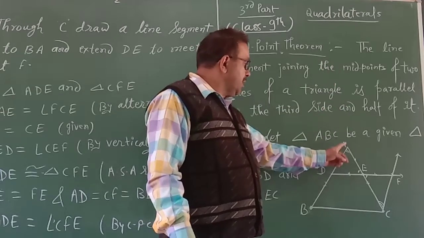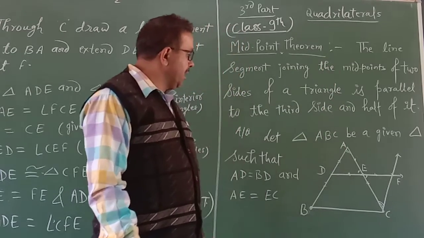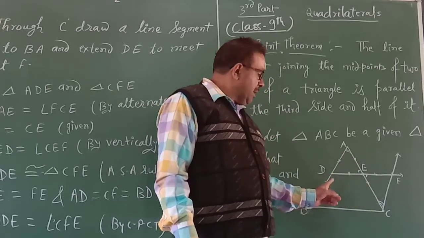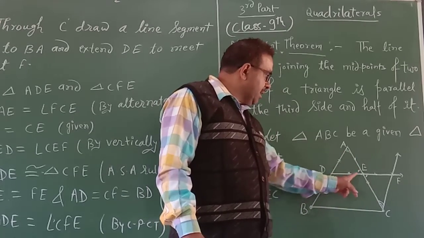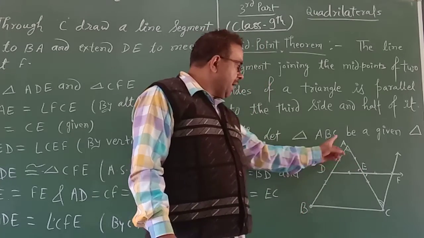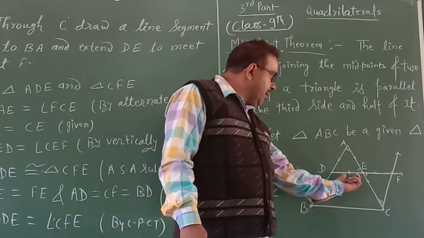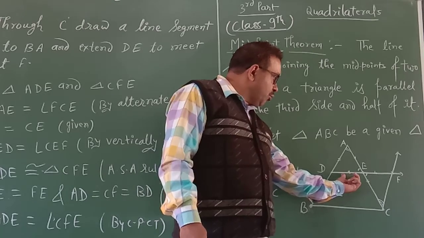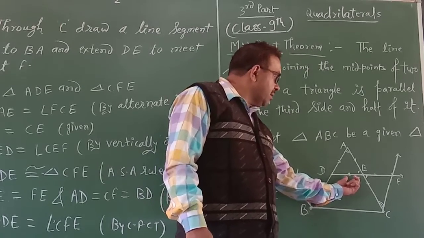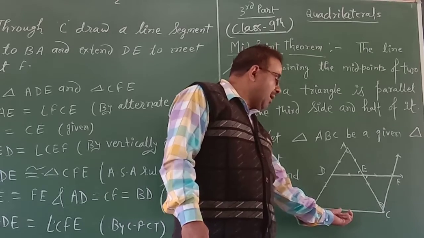The meaning of this theorem is that if we are given a triangle ABC, and points D and E are respectively the midpoints of AB and AC, then we need to prove DE is parallel to BC and in length DE is equal to half of BC.